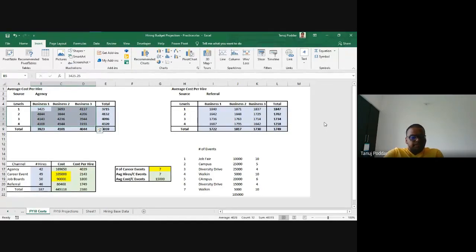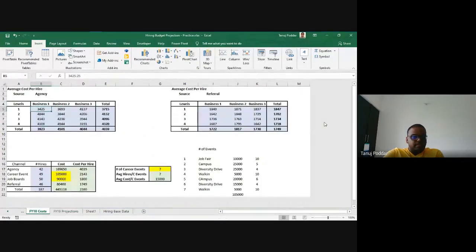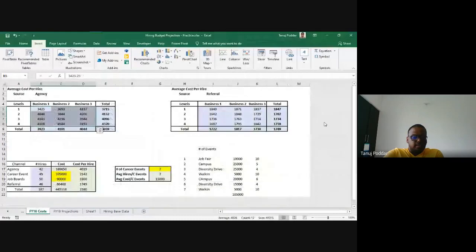So to make it more relevant, since we are already breaking it down by the different businesses and levels, we want to be a little more exact. Whatever business and level mix we have for this year will become the basis for the total cost, rather than just the 4039 number, because that number is for a specific mix of business and level.